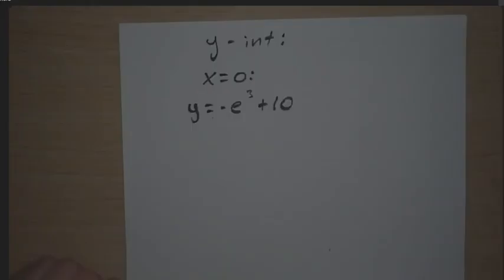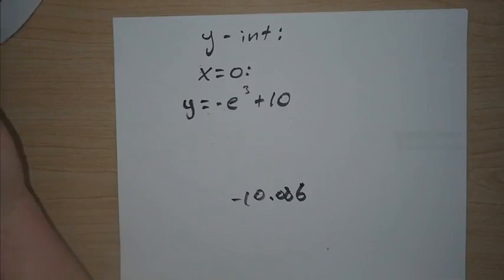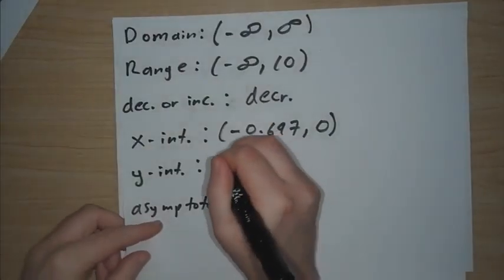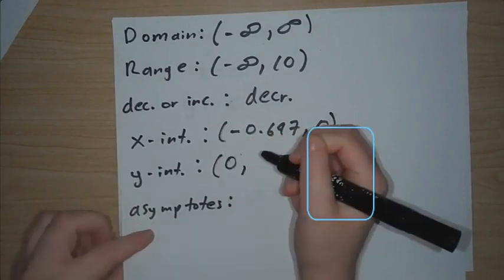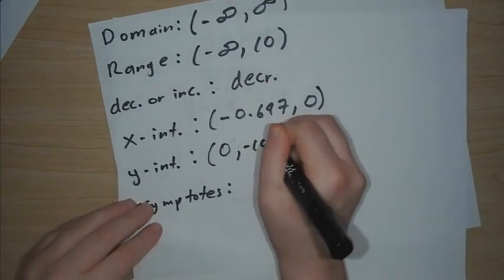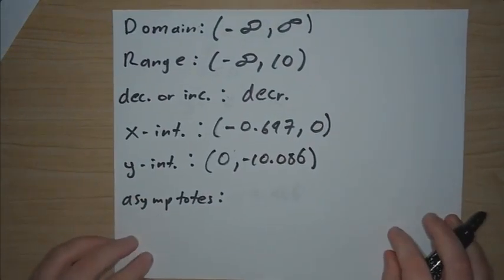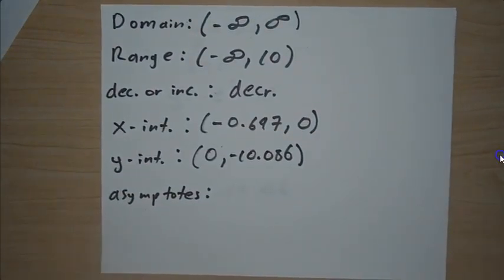So our y-intercept is at 0, negative 10.086.